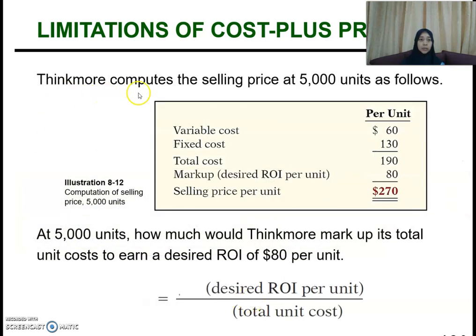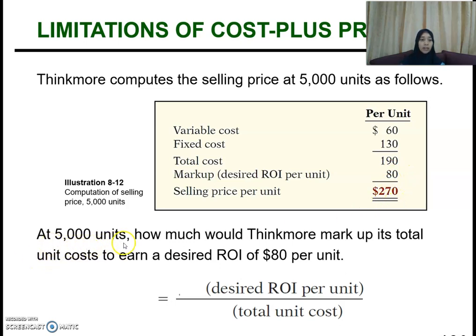Okay, so Thinkmore computes the selling price at 5,000 units as follows. So your variable cost 60, your fixed cost now, instead of 65, becomes 130. So your total cost now becomes 190. So your markup or your desired ROI per unit is 80 and your selling price is 270.